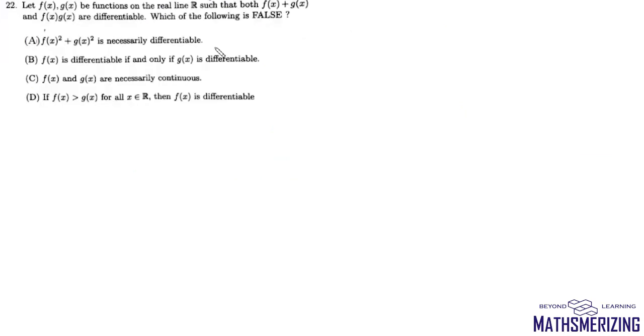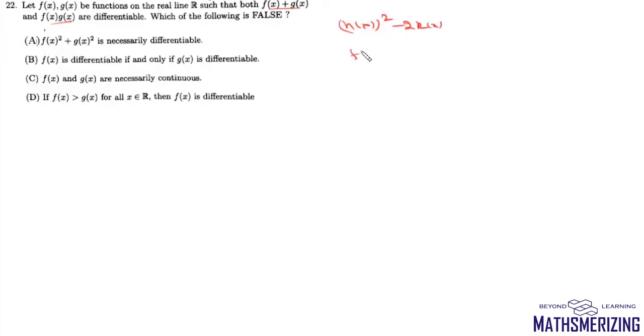Now question number 22 is, let f(x) and g(x) be functions on the real line R such that both f plus g and f(x) times g(x) are differentiable. Then which of the following is false? Now the first one is f(x) square plus g(x) square is necessarily differentiable. Now if we consider two functions, say h(x) and k(x), then we can say that h(x) square minus 2k(x) will be a differentiable function.